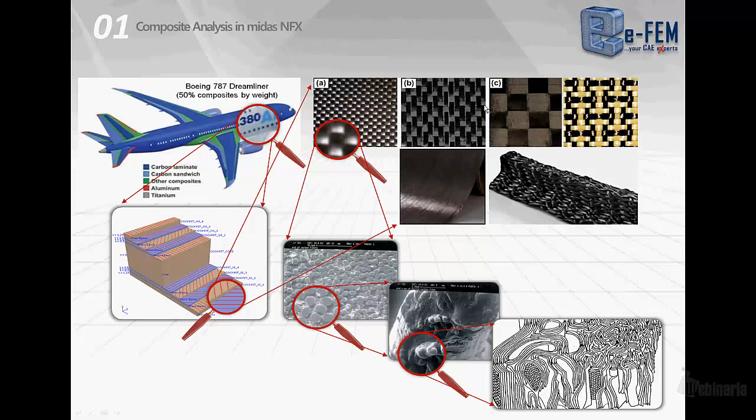Then we have another form of composite material, that is the 3D textiles. In this case, we have no simple laminate material, lamina material, but we have a 3D material that is preformed in a final shape, for example, those of a beam or something like that.